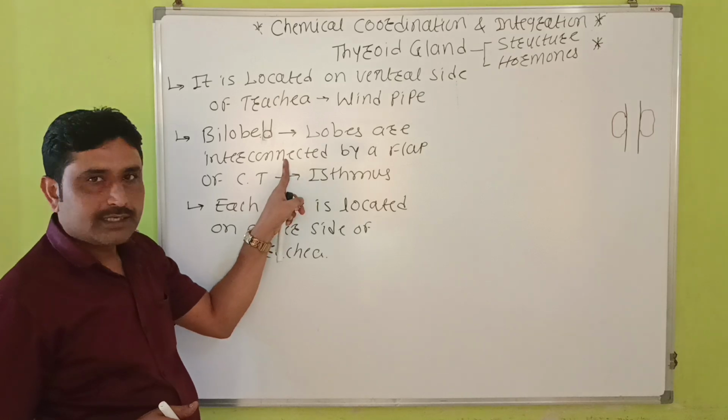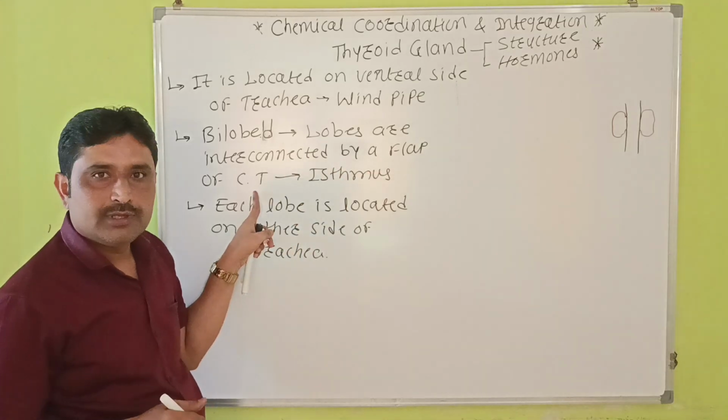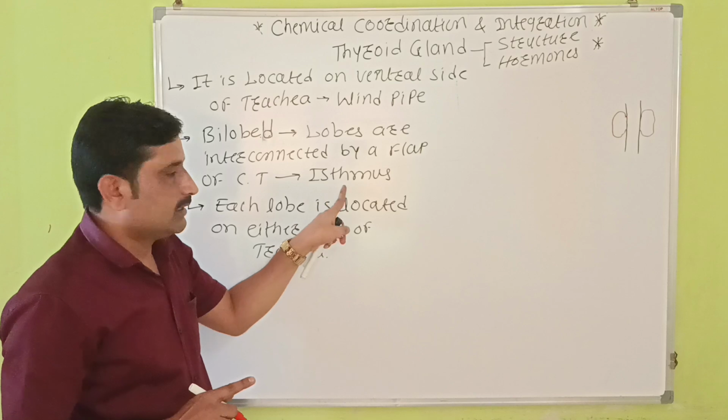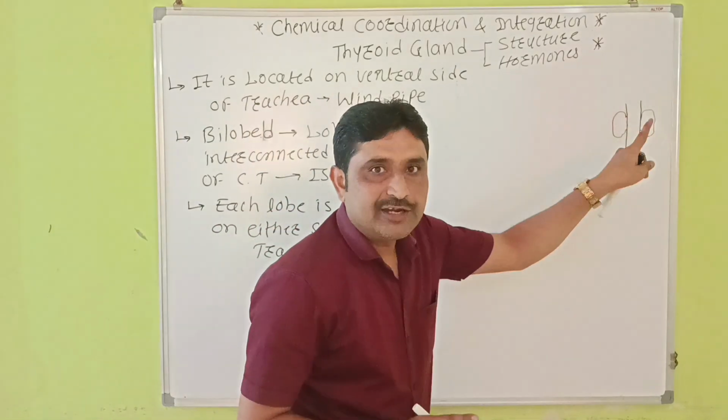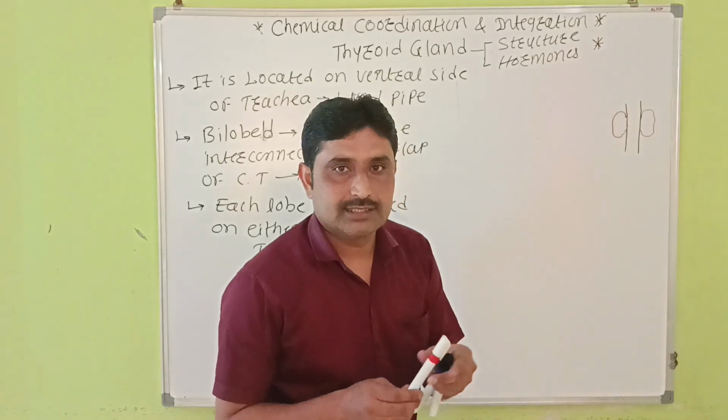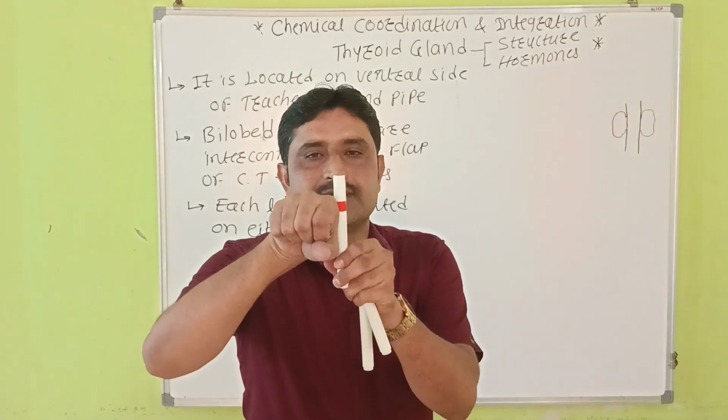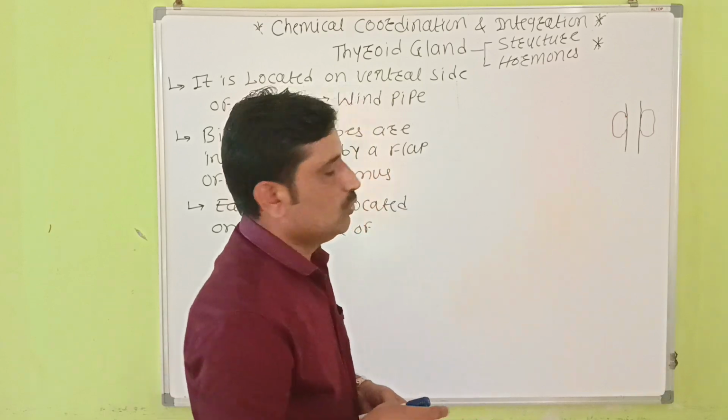These lobes are interconnected by a flap of connective tissue, उसे कहते हैं isthmus, right? So on either side of the trachea, and कैसे है? Ventral side, right? That is the location.